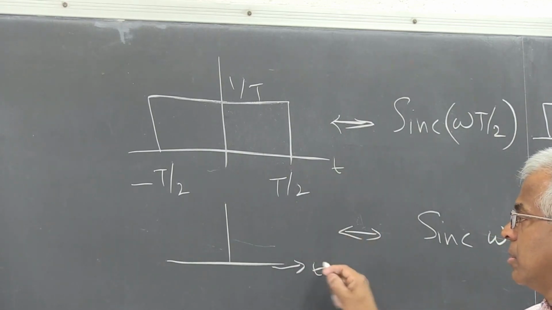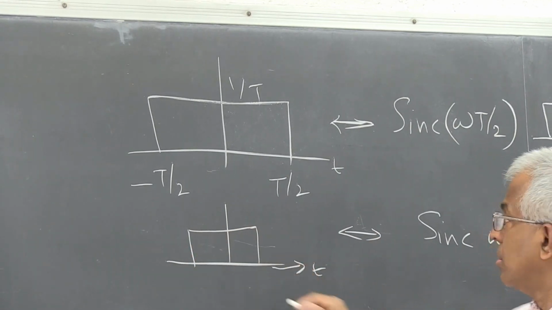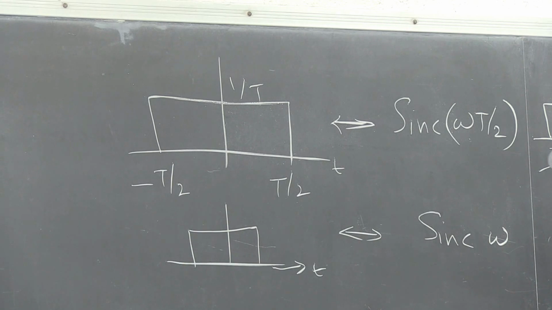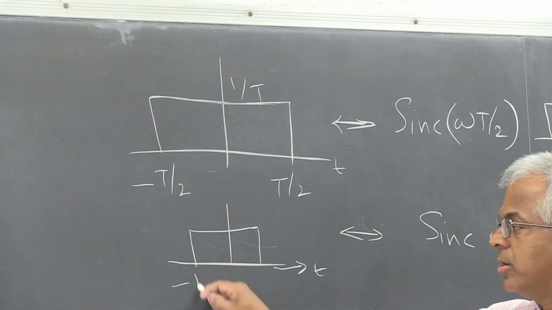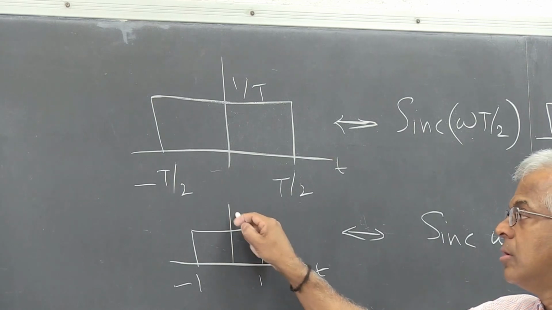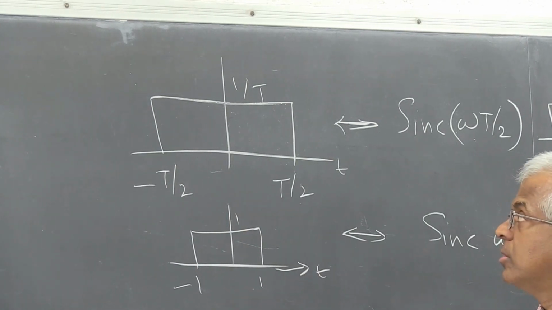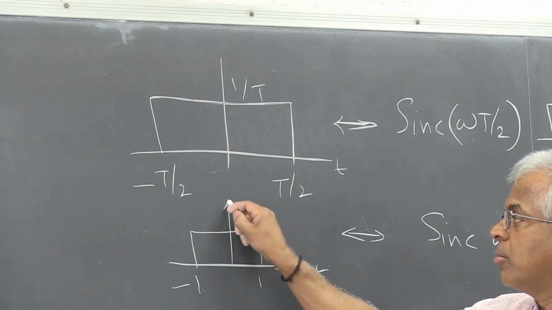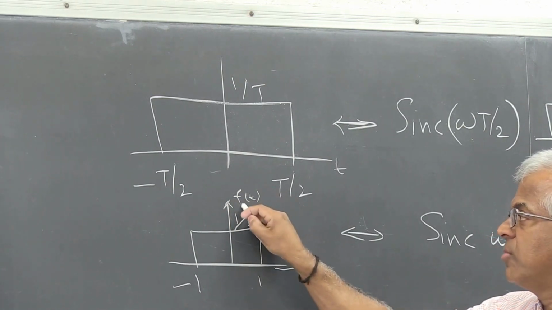Anybody? I want the T by 2 to be what? T by 2 to be 1, right? So this is from minus 1 to 1, and this is 1 by 2, right? So T is 2. Right, so let me call this f of t or f naught of t.